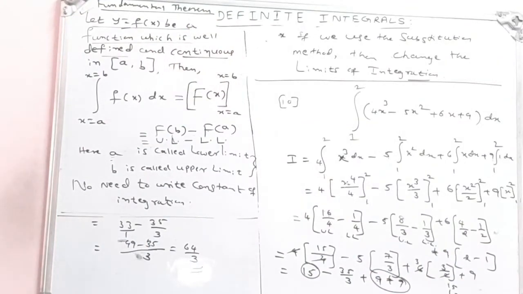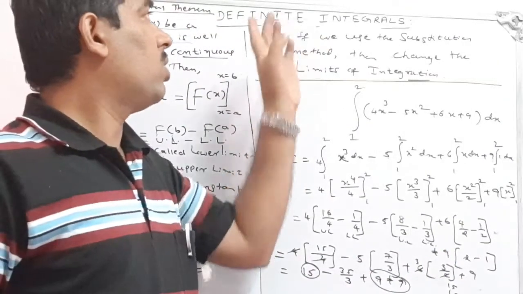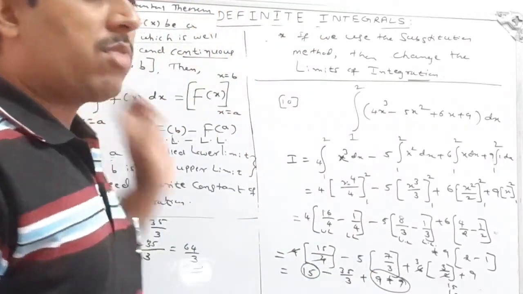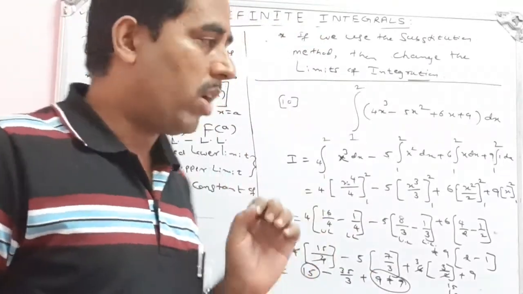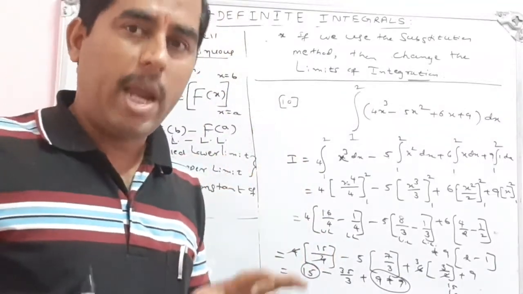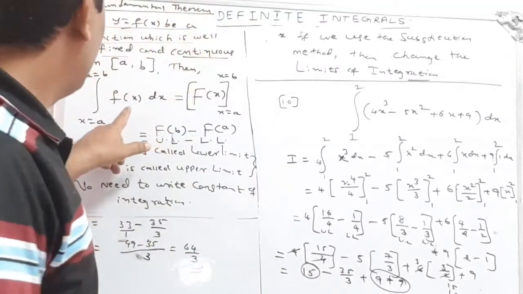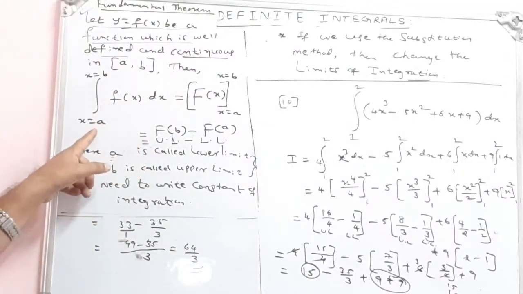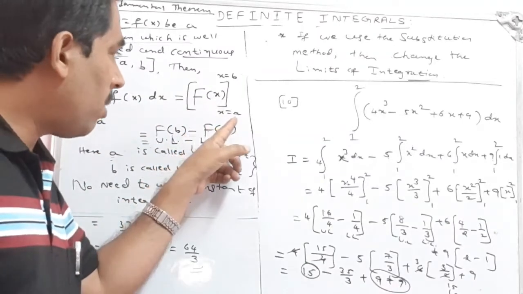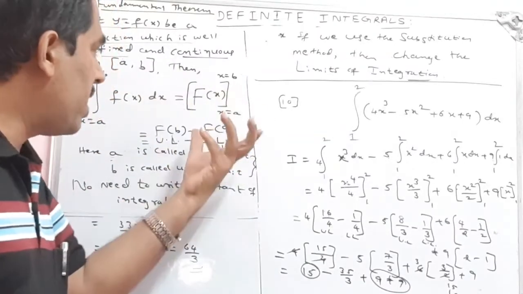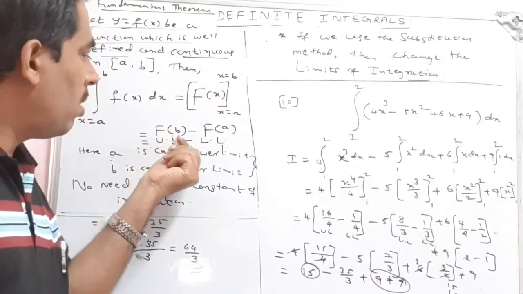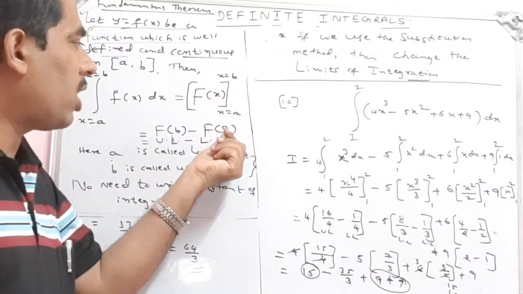In this session, we have learned the meaning of definite integrals. The statement is called the fundamental theorem of integral calculus. It says that if we have a function well defined in a closed interval [a, b], then the integral of f of x from x equals a to x equals b gives the antiderivative at the upper limit minus the antiderivative at the lower limit.